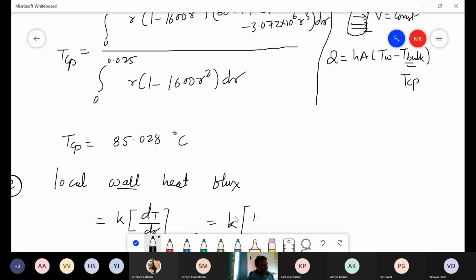What is the equation? Let me just look at the equation. The equation is 1.728 into 10 raised to power 5 into 2 into r.